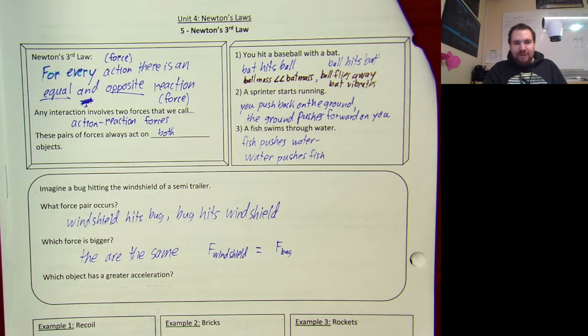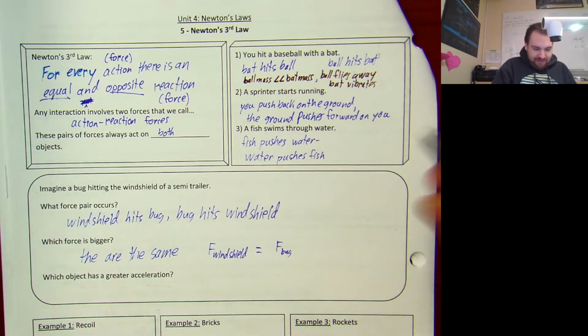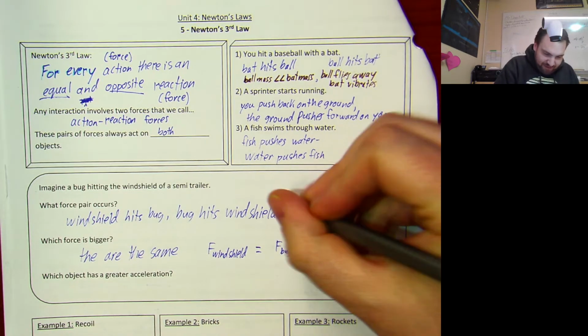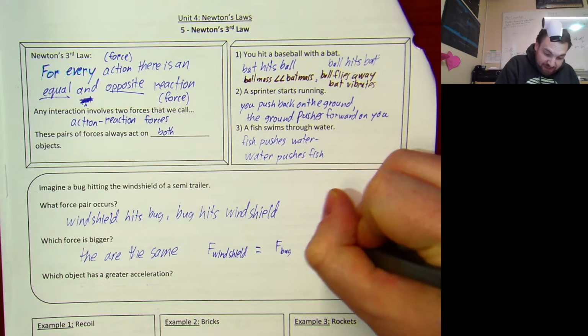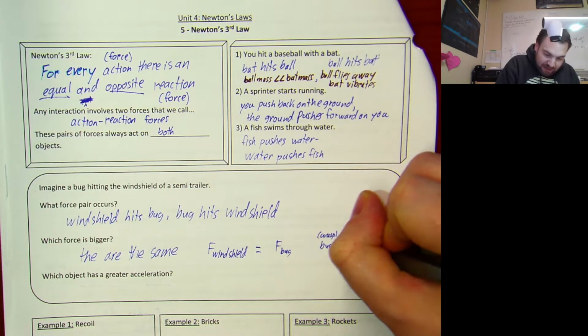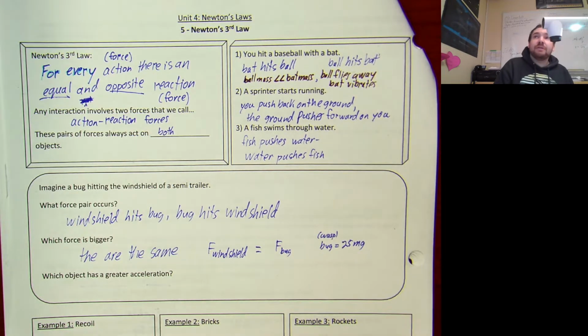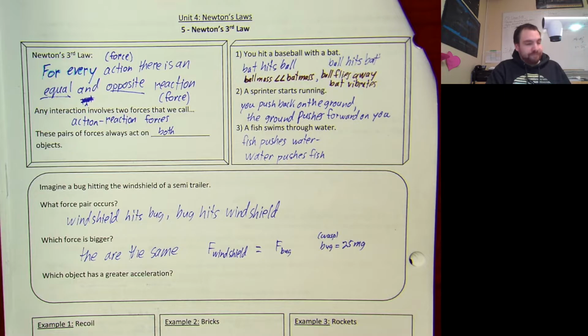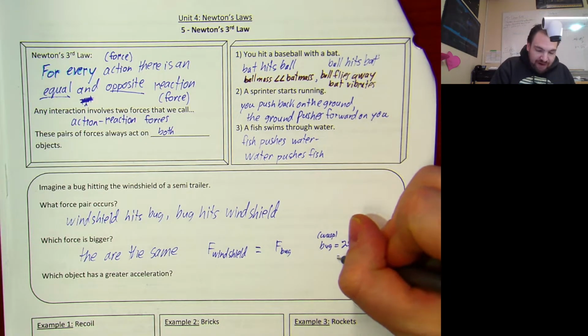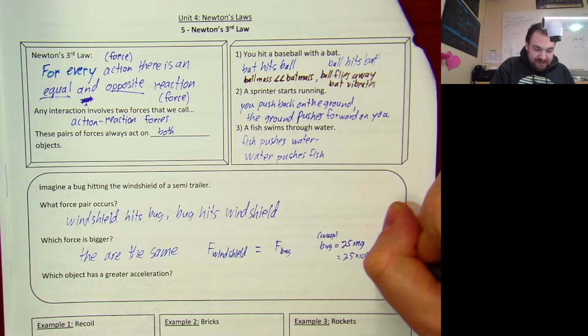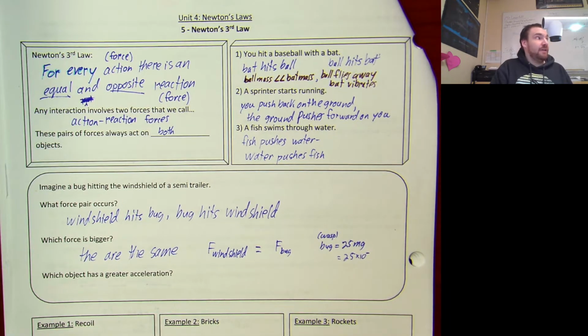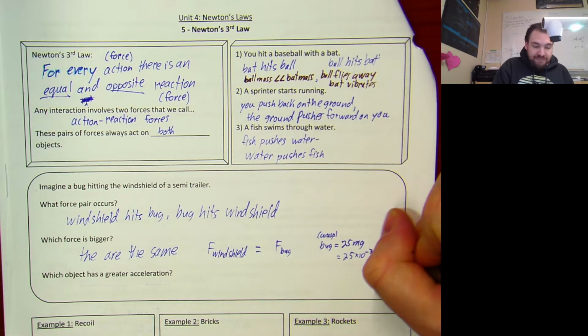Okay, we're going to a queen wasp because screw them. 25 milligrams. Okay, so we're going to do some math. The bug is a wasp in this case. 25 milligrams, which is what in kilograms? 25 milligrams is 25 times 10 to the negative. Milli is 10 to the negative 3 grams.